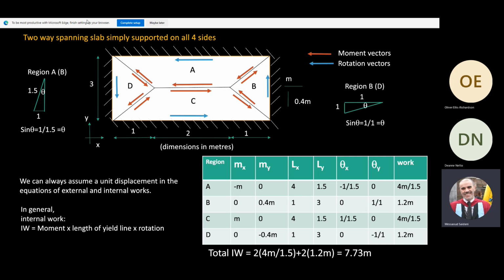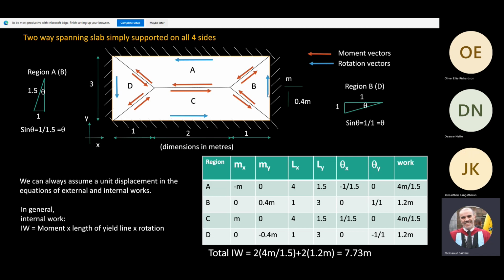Then, once I've completed A, for region B, these two here must be in equilibrium, opposite. So I can deduce this one. Equal and opposite. Again, these two here must be equal and opposite. Again, these two here must be equal and opposite. So now I've got all the moment vectors.